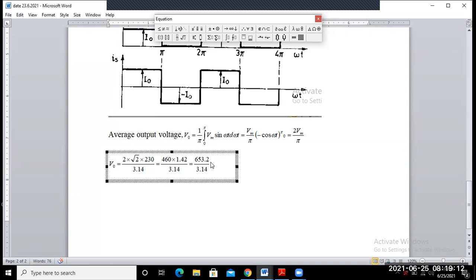So when you divide this one by 3.14, you get the value of 208 volt. That means the average output voltage is your 208 volt. Is it not? So 208 volt.